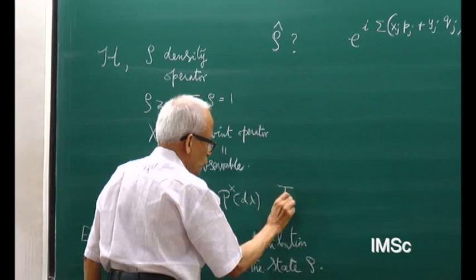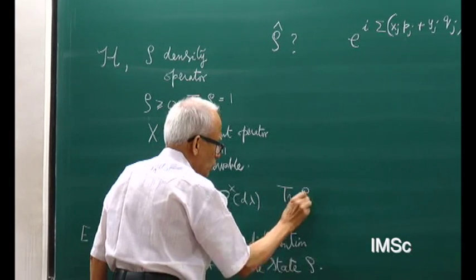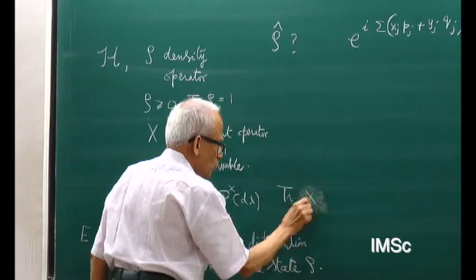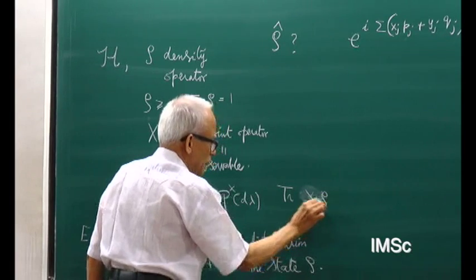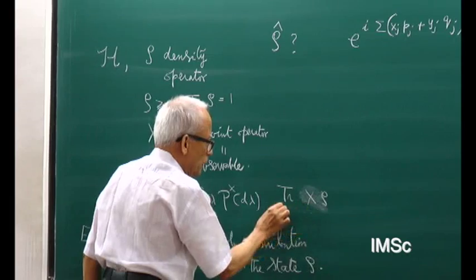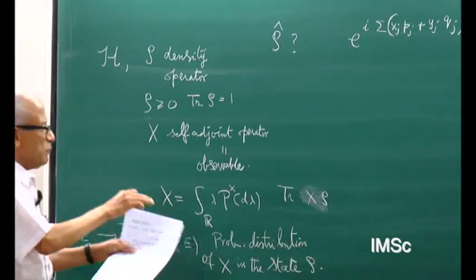So the mean value will become trace rho x, or better to write it x rho, because this is an unbounded operator, and now that should be traceable and you can take trace. That is the mean value.